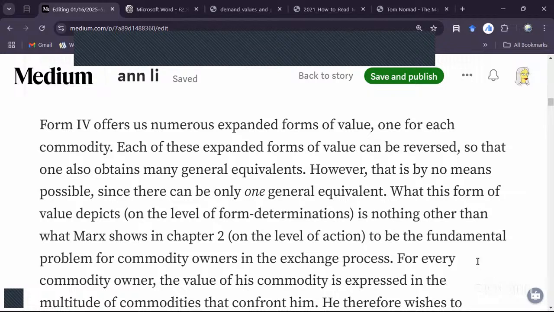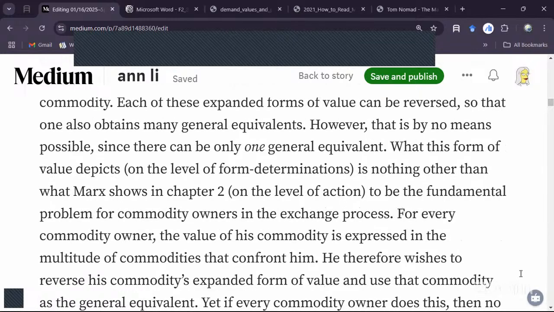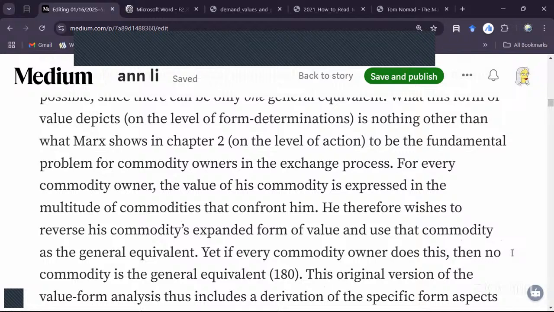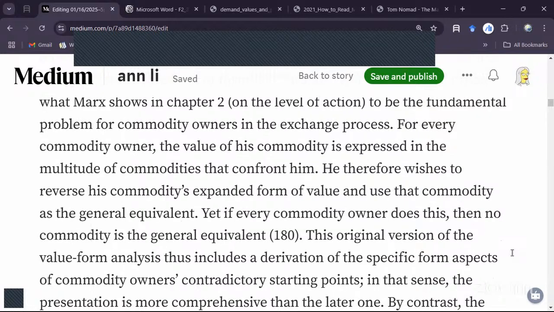For every commodity owner, the value of his commodity is expressed in the multitude of commodities that confront him. He therefore wishes to reverse his commodity's expanded form of value and use that commodity as the general equivalent. Yet, if every commodity owner does this, then no commodity is the general equivalent. So much for logic.